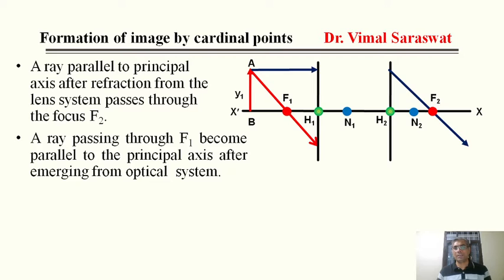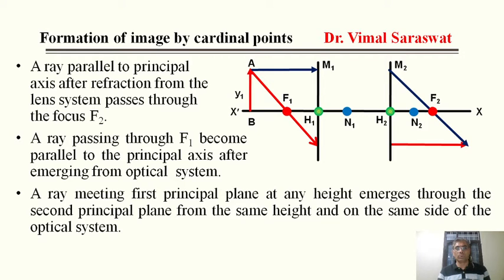So here we have a ray which is passing through the focal point F1, and according to this rule, this ray becomes parallel to the principal axis after refraction from this lens system. So this will be the direction of the ray when it is refracted from the lens system. M1 and M2 are two points.